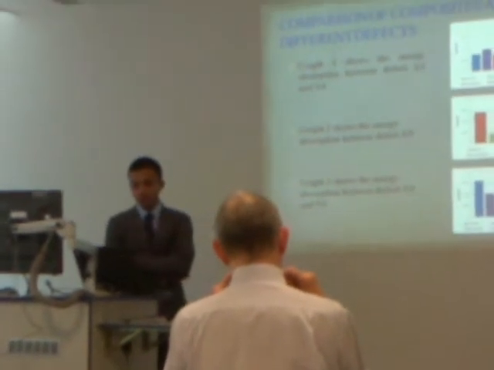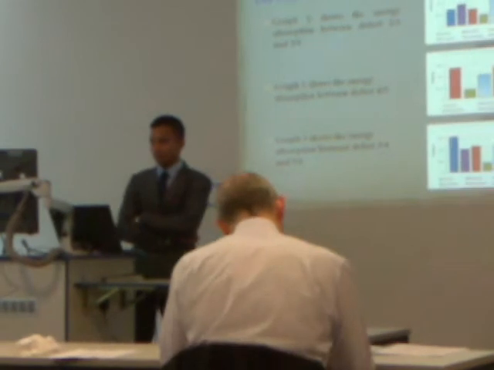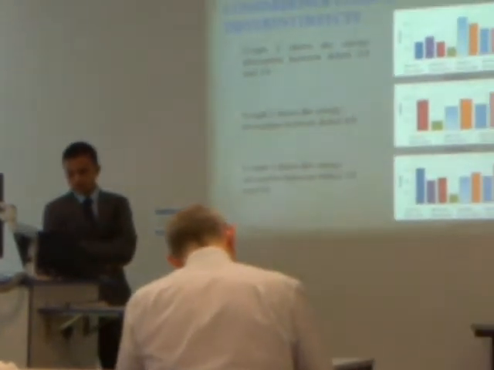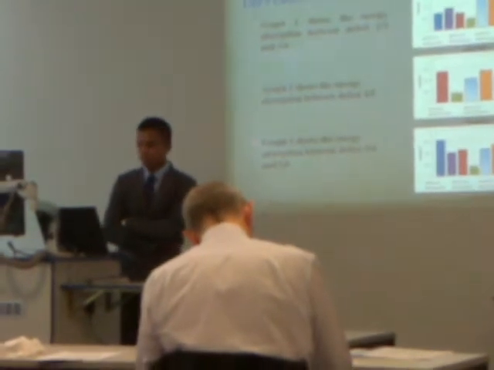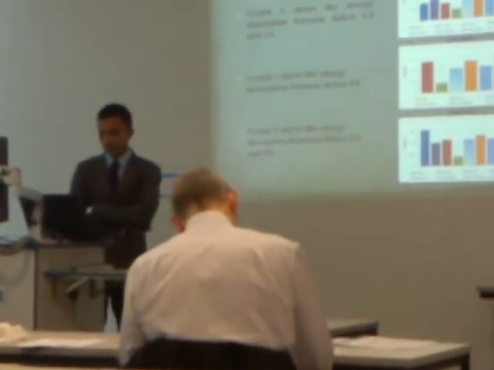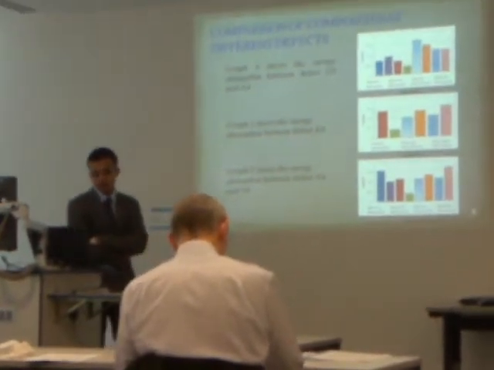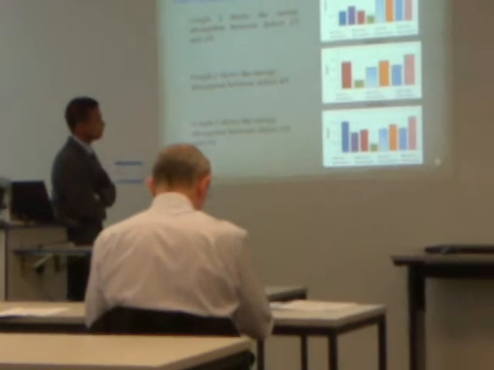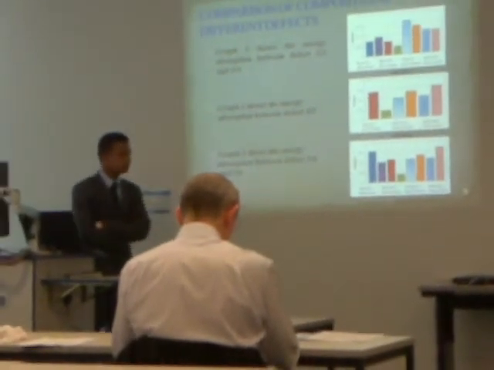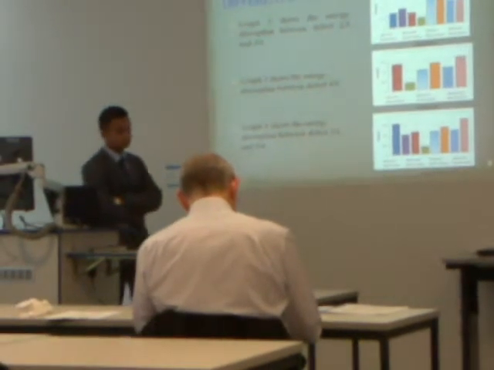The comparison of composites at different defects. Graph 1 shows the defects between layers 2 and 3 and 3 and 4. Graph 2 shows the defects between layers 4 and 5 of all the composite materials. Graph 3 shows the defects at layers 3 and 4 and 5 and 6.